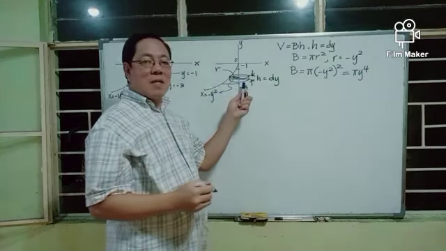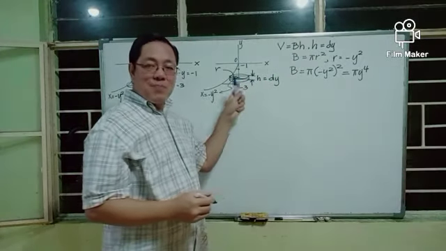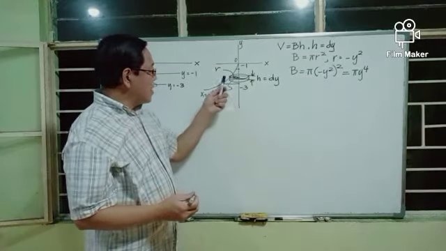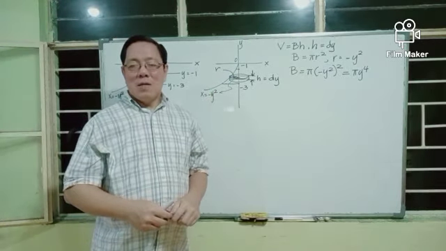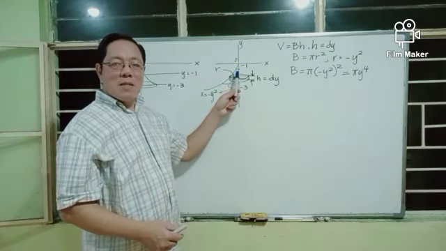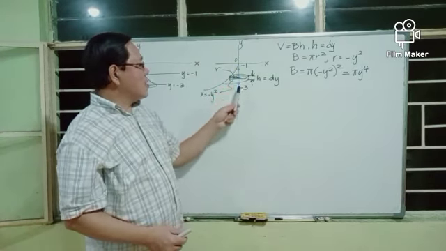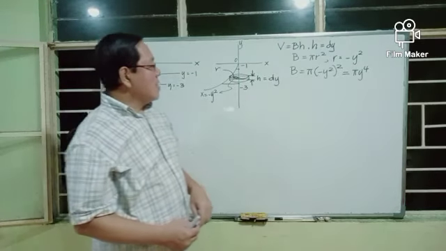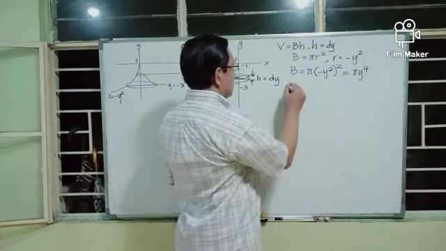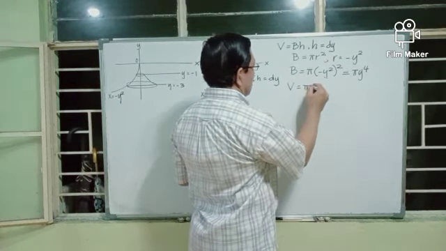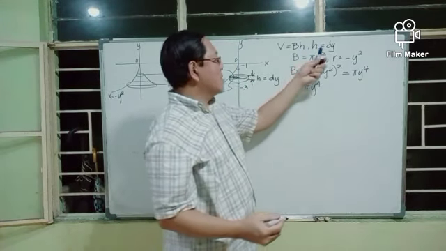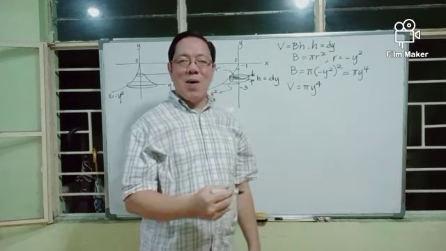So the volume of this particular disc, generated by revolving this particular rectangular element, which is only one of the many rectangular elements from this area from negative 1 to negative 3, is given by pi y raised to 4 multiplied by the thickness of the disc given by differential of y, or dy.